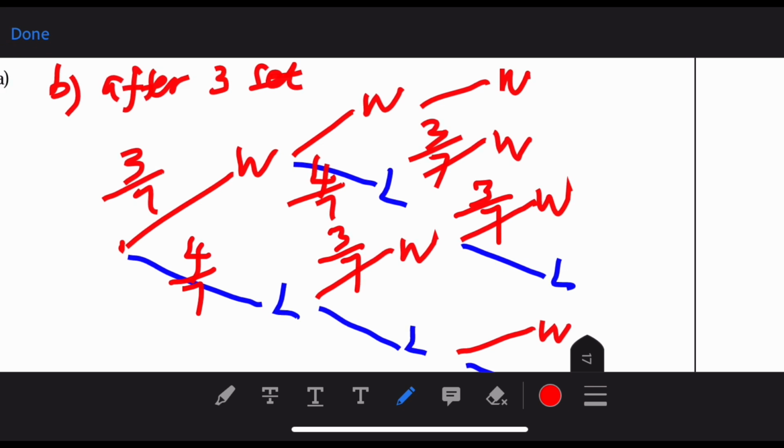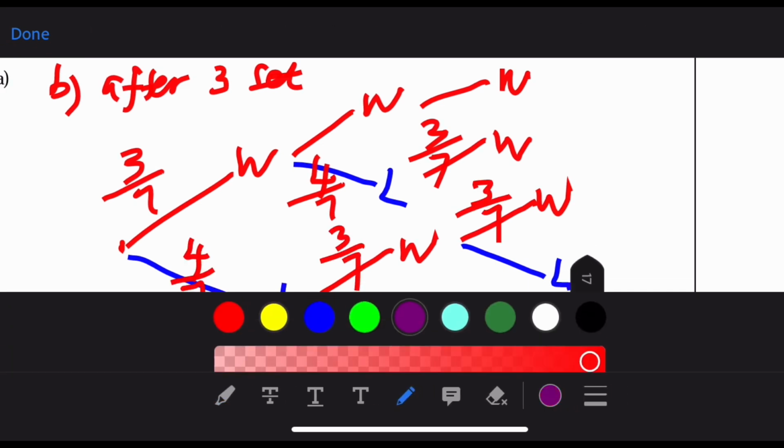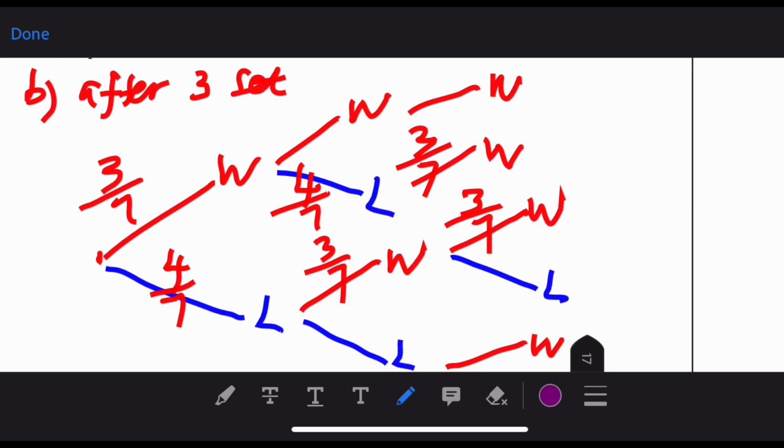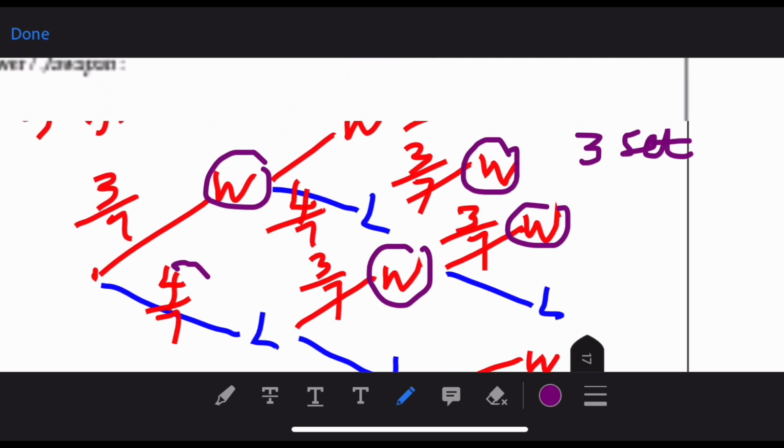So these are the 2 that win 2 games, but it will win at the third set. So that is what is wanted by the question. Okay, win after the third set.